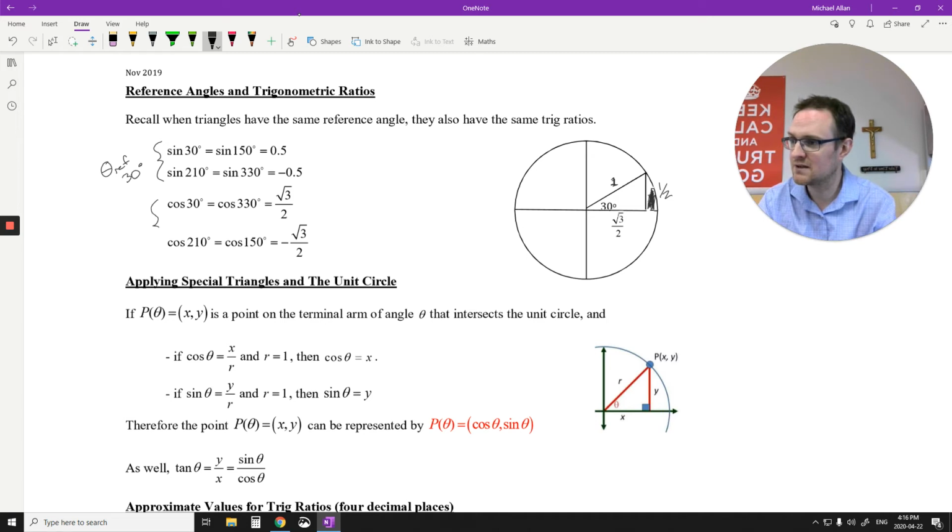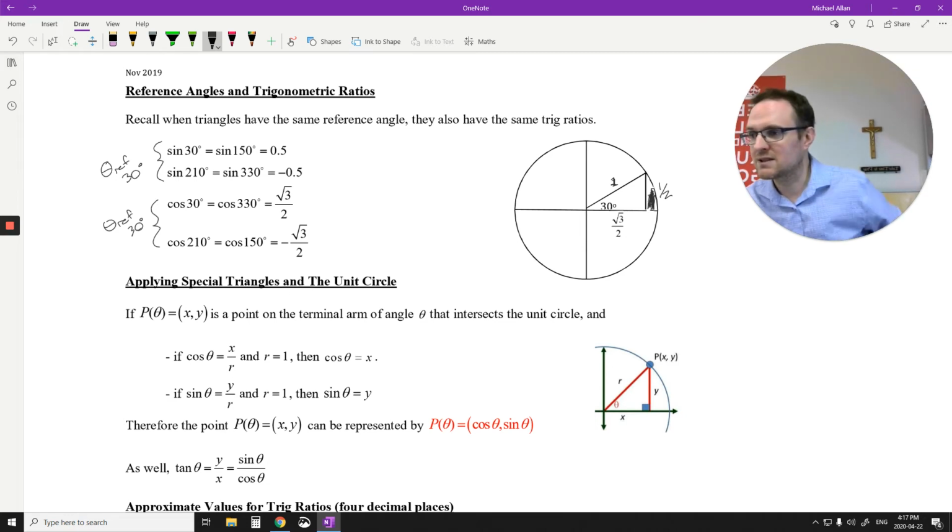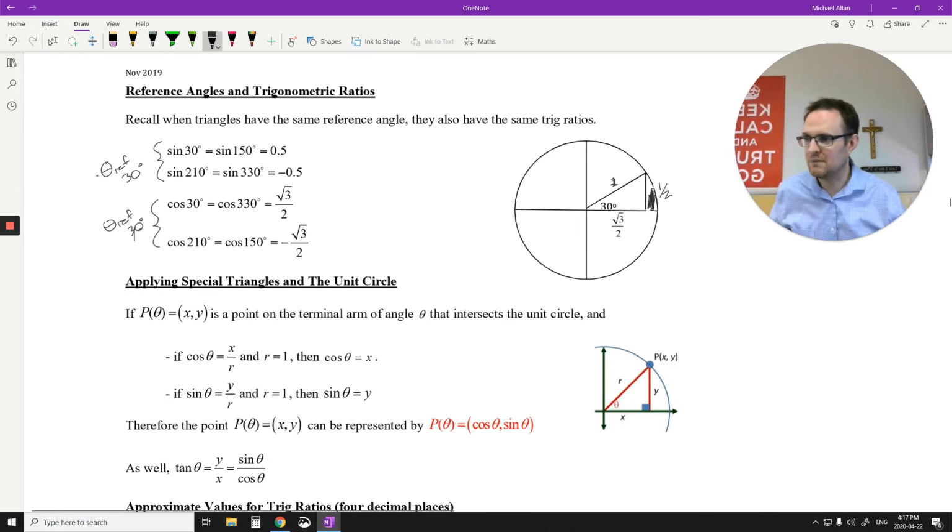Same thing with these guys here. They all have the same reference angle of 30 degrees. You notice that they all have very similar ratios over on the other side here, but some are positive and some are negative because of which quadrants they land in as well. You notice that some of them are the same, like 210, 330, but this is 210, 150. So those ones match up because the CAST rule says that.